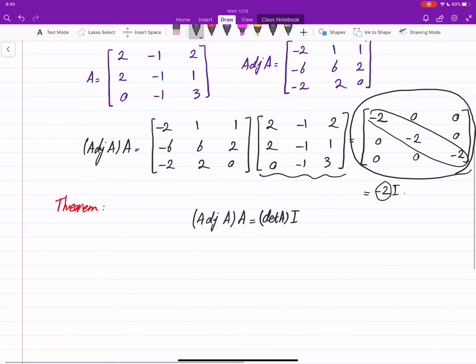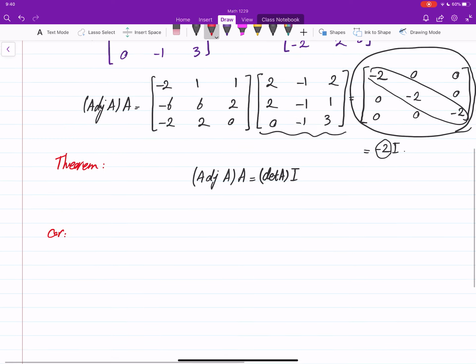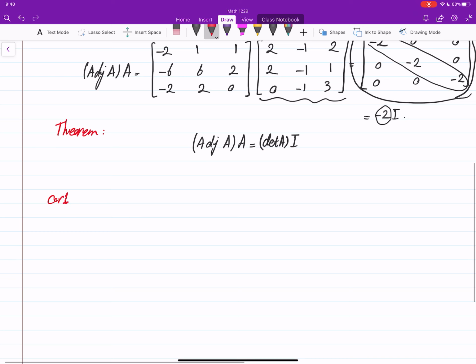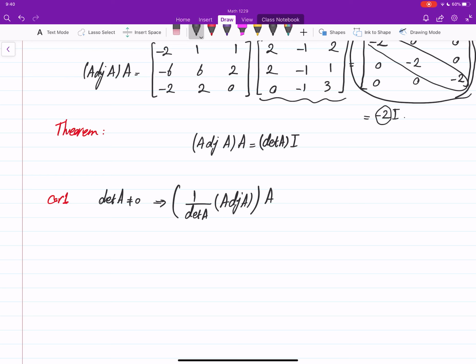Because a corollary of this is, we already know that if A is invertible, if the determinant of A is non-zero, then I can divide by the determinant and get 1 over determinant of A, which is a scalar, multiplied to the adjoint of A. This whole thing multiplied to A will give us identity.